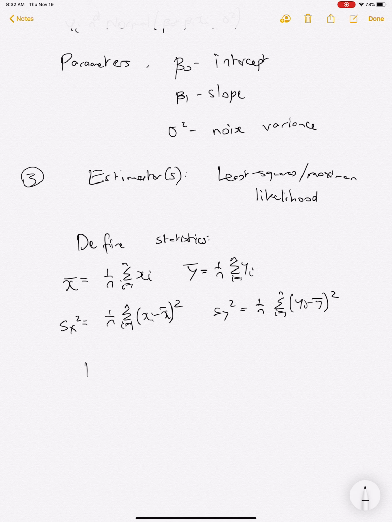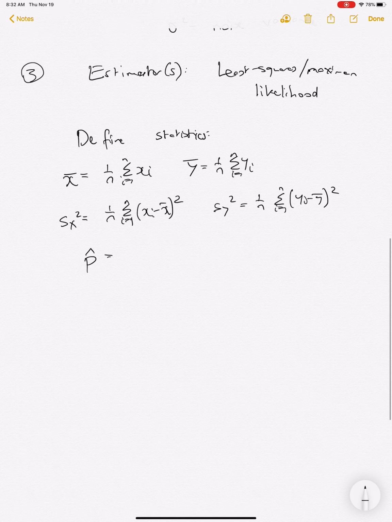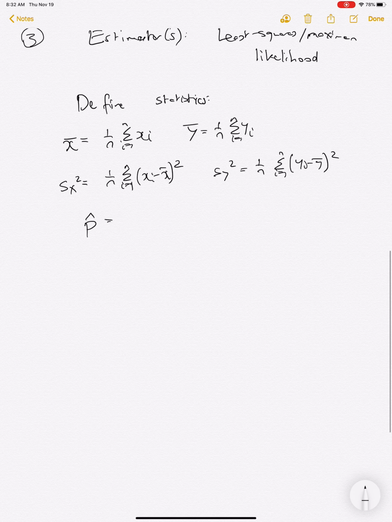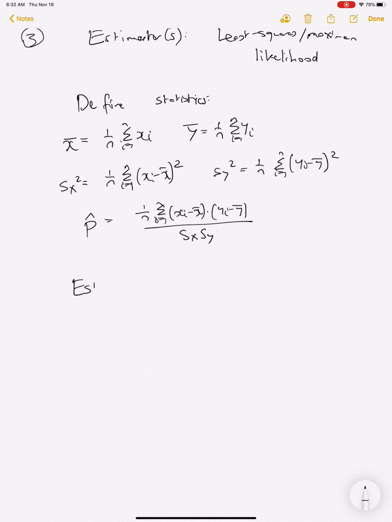And then we have the sample correlation coefficient. As we saw in the previous lecture, this allows us to define our estimates in a nice, straightforward way. So our estimators could all be expressed in terms of the statistics.